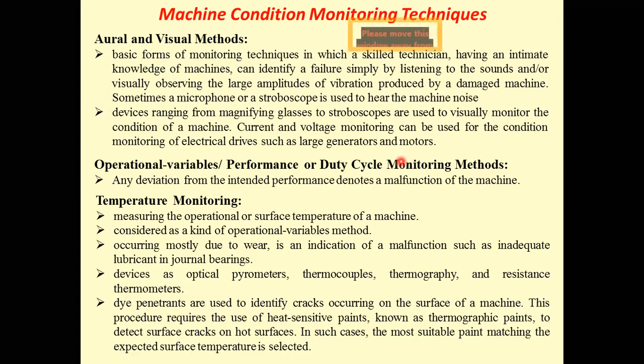So in the operational variable method of monitoring, also known as the performance or duty cycle monitoring method, the performance of the machine is observed with regard to its intended duty.